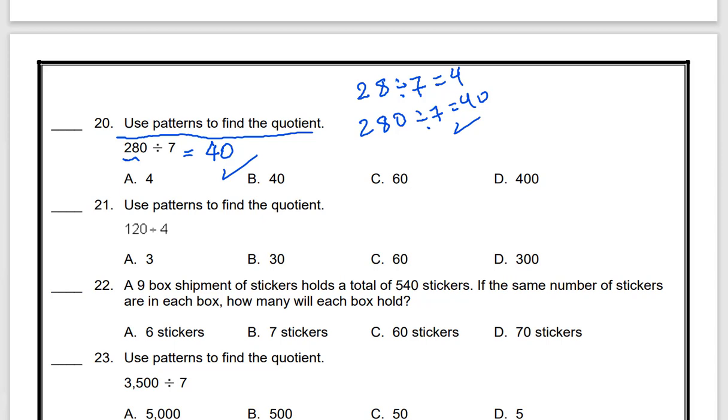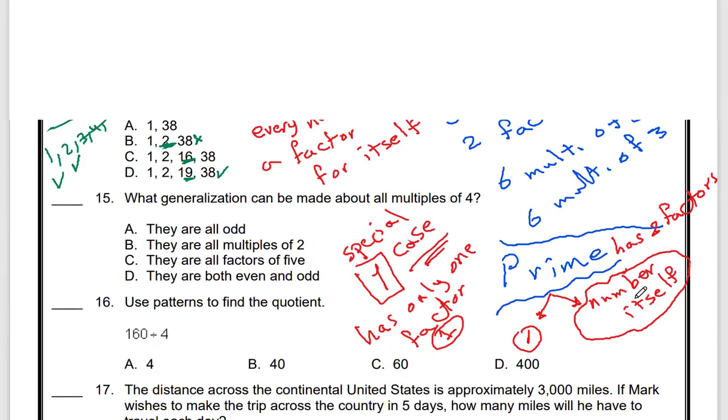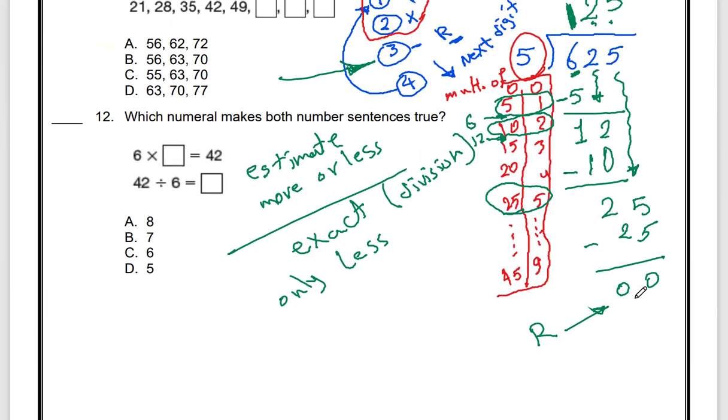Teacher, my name is Tamer. Of course, Tamer. Which question are you asking about? Number 12. Okay. What about it? 6 multiplied by what number gives 42?